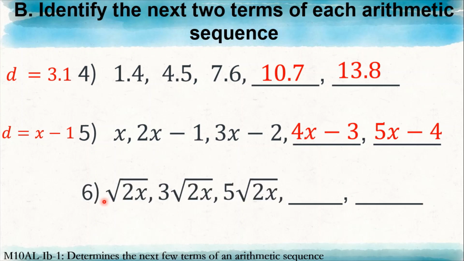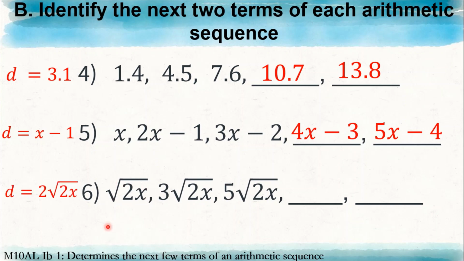Okay, let's have number 6. Pare-pareho ng radicand, pare-pareho ng index. So, pwede natin pwedeng kunin ang kanyang common difference. So, ano napansin sa mga numbers na nasa labas ng radical expression? We have here 1, 3, and 5. So, nadadagdagan siya ng 2. So, isasama natin yung radical expression.